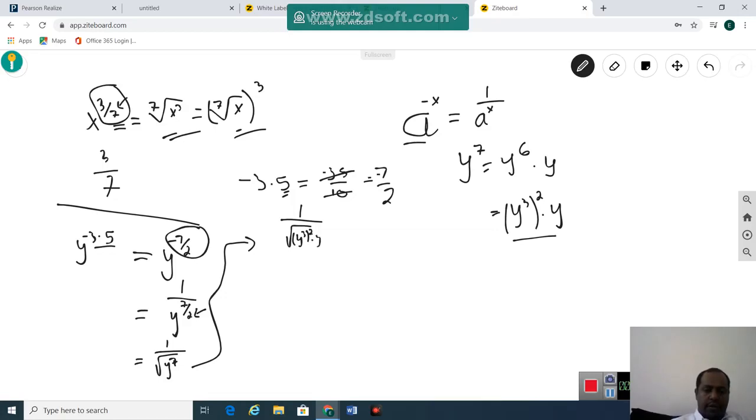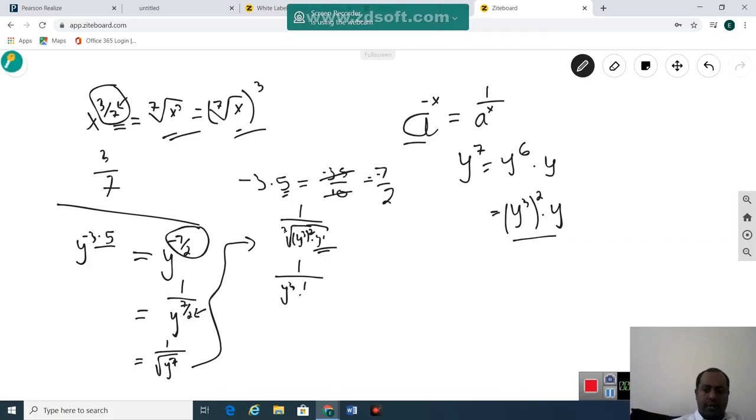Because the index is 2 and I have exponent 2, I can take out y to the power of 3. Therefore, I will get 1 over y to the power of 3. And since the exponent for y is 1, which is totally different from 2, I cannot take y out of the square root. So I will keep this under the square root.